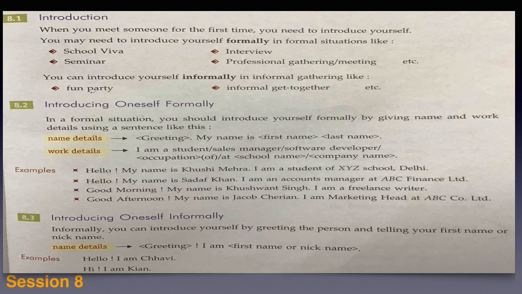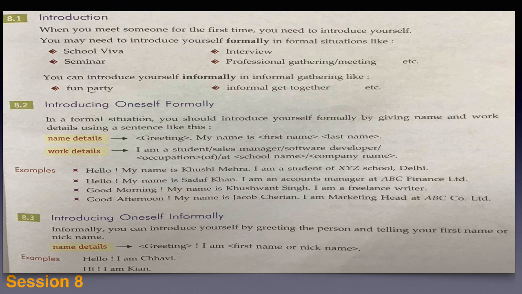Let's first start with introducing oneself formally, means formal introduction. In formal situations, you should introduce yourself formally by giving name and work details, like first name, then the last name, whatever your name is.